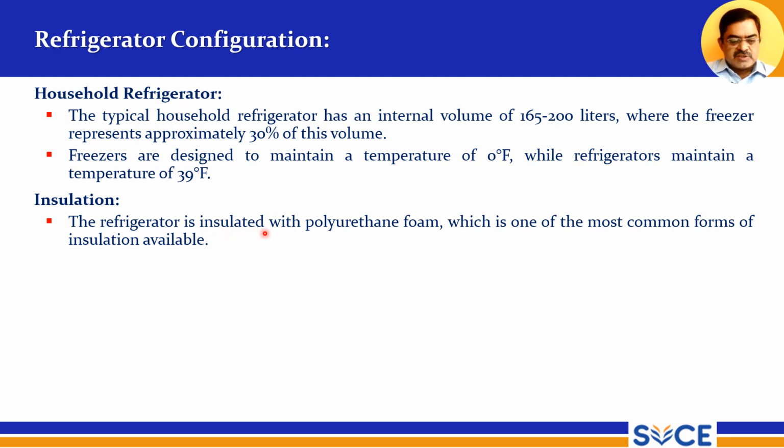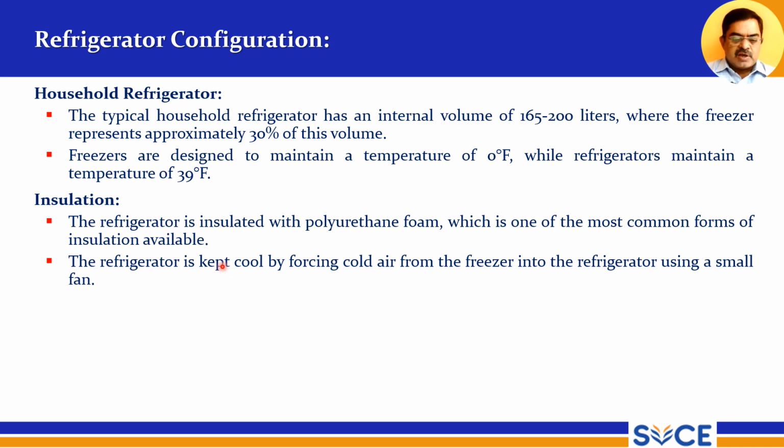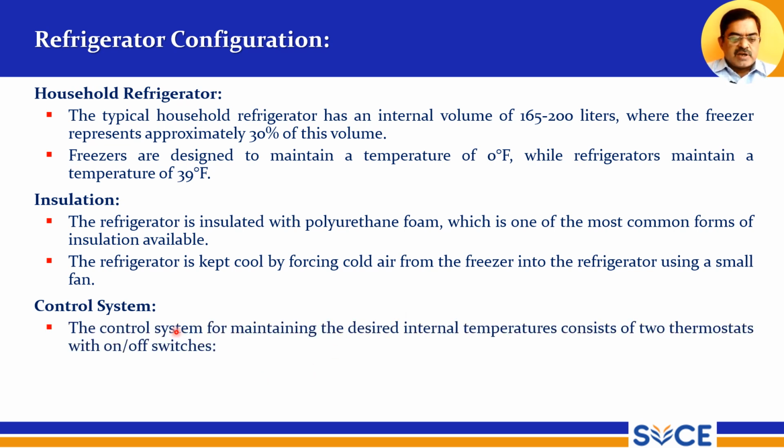The refrigerator is insulated with polyurethane foam, which is one of the most common forms of insulation available. The refrigerator is kept cool by forcing cold air from the freezer into the refrigerator using a small fan. So, the control system for maintaining the desired internal temperature consists of two positions with on-off switches.